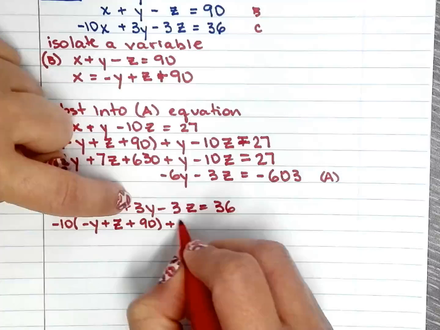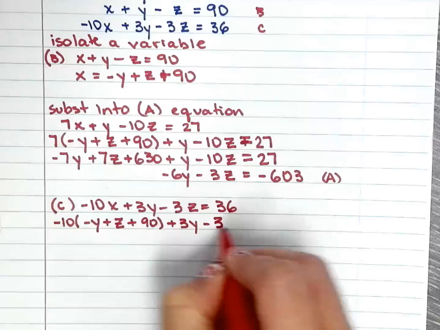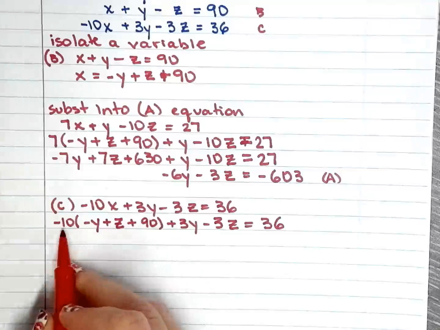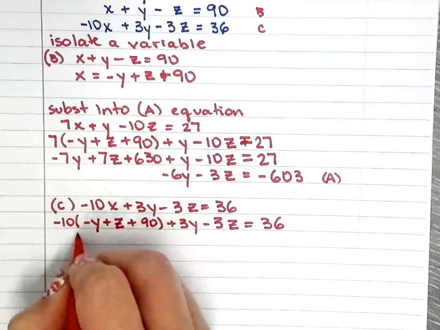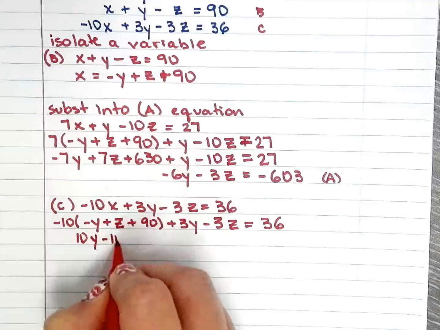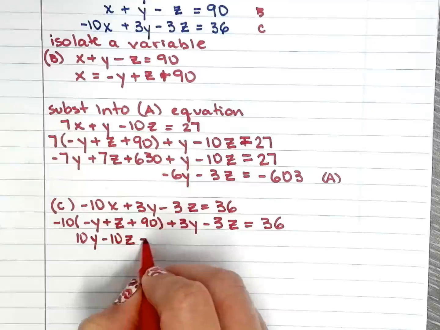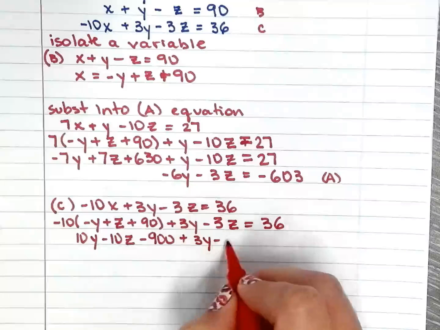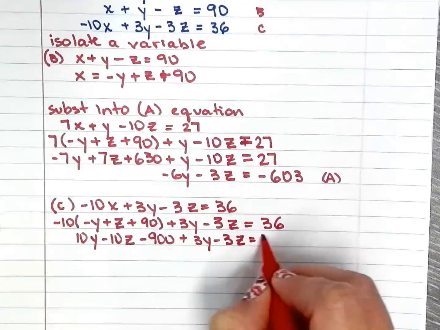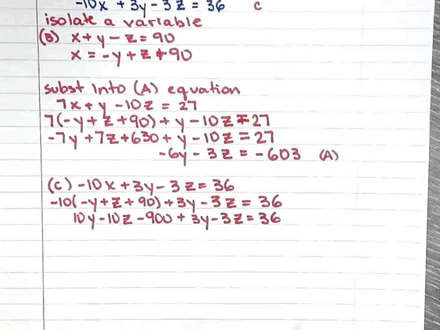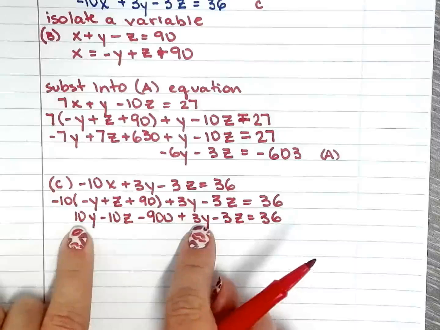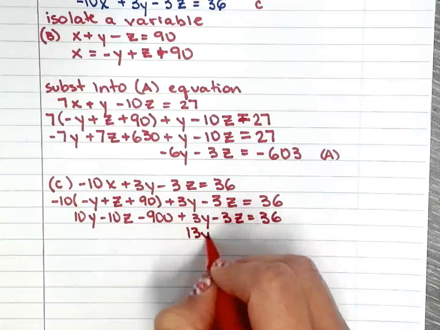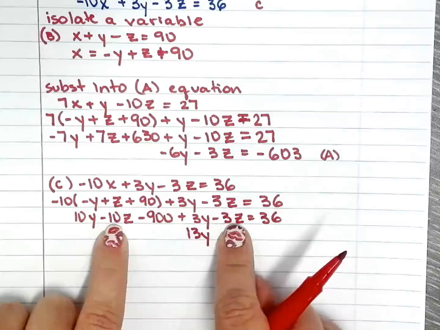And then I'm right here. Distribute negative 10. Combine like terms. I have these guys right here, 10y and 3y. I have z right there.